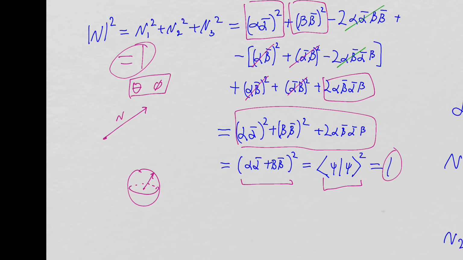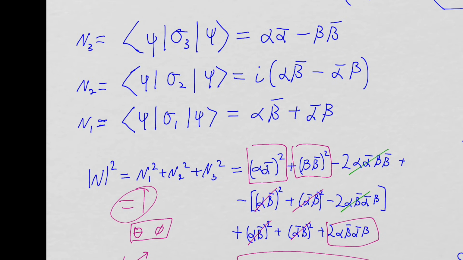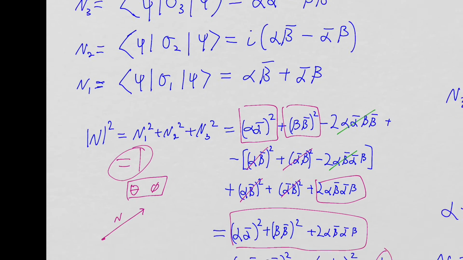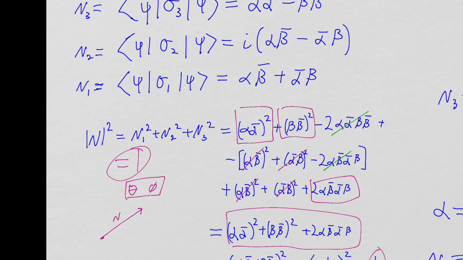Okay, so with that idea that we're taking these 3 expectation values and throwing them onto a Bloch sphere with 2 coordinates, now we're going to work on these 2 coordinates to identify this vector n, which represents these expectation values.